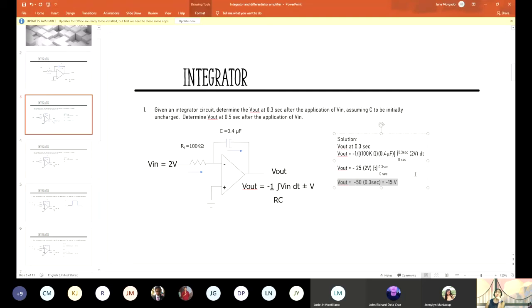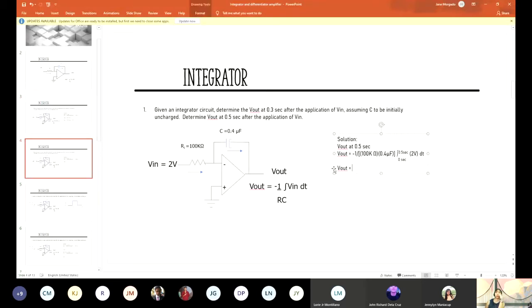How about for this one? Same given, except that instead of 0.3 we have 0.5. What would be the value of the output at 0.5 second?